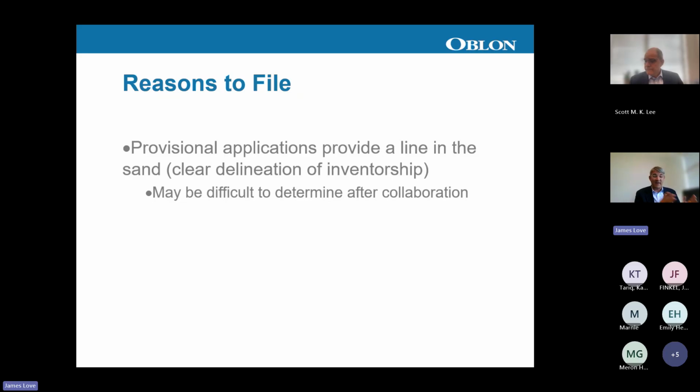You can solve that by filing a provisional application before you start collaborating. Then anything you come up with afterwards will be very clear about who came up with what, because you'll have that effective provisional application to provide that evidence. And you can use that in court too. If you have a dispute about who came up with something, you could show, hey, I had a provisional application, I filed it before we even started working together.